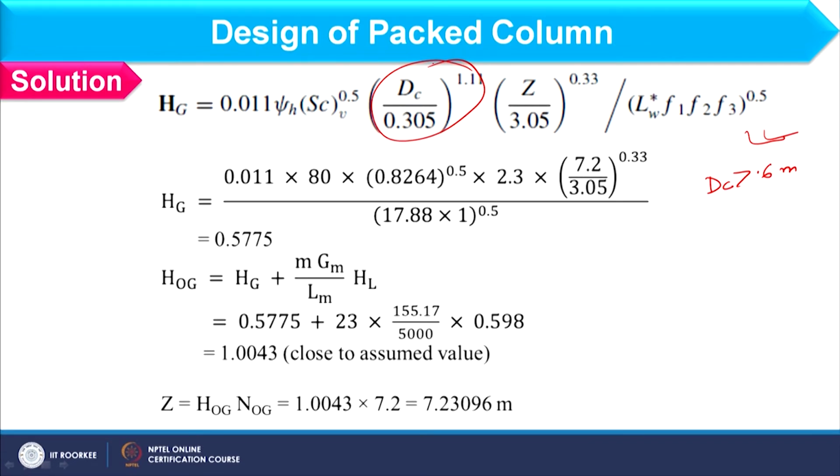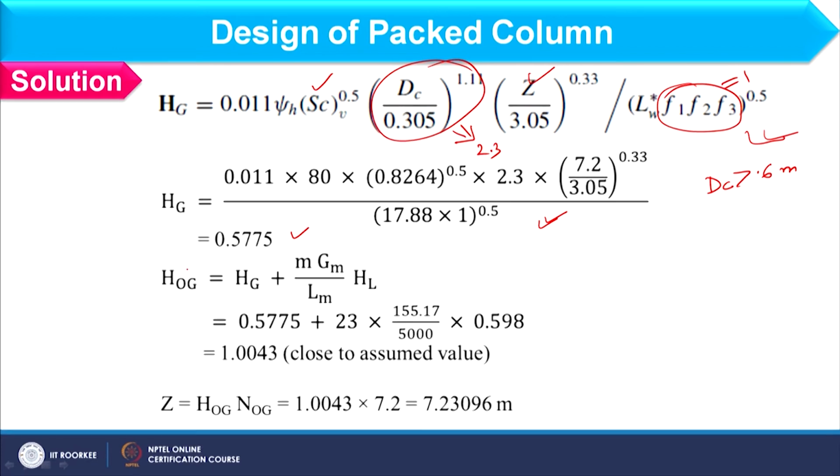So, we will replace this whole expression with 2.3, and because the solvent is water only, we will consider F1, F2, F3 values equal to 1. Other parameters you have already calculated, Z you know, and when we put the values in the Hg expression, in this way we can find the Hg value as 0.5775.